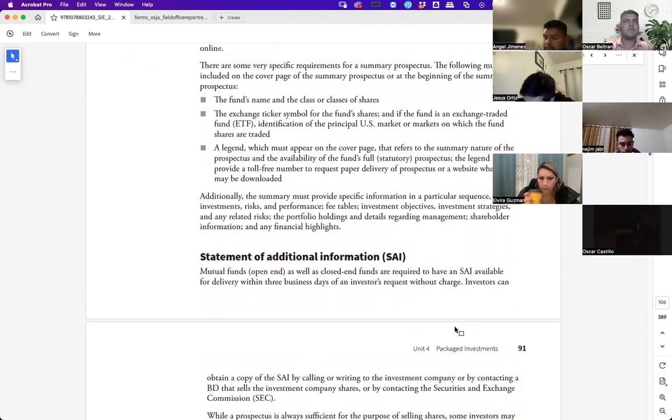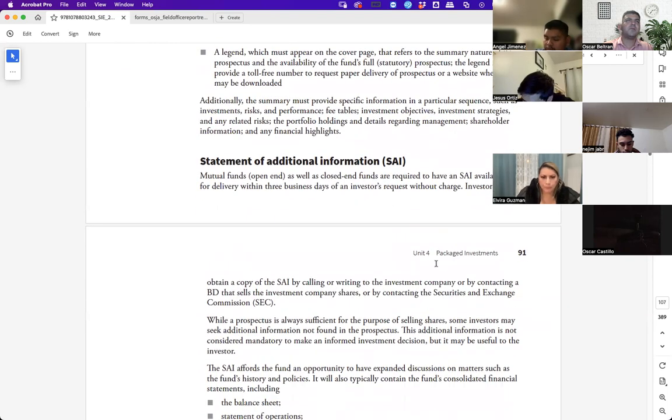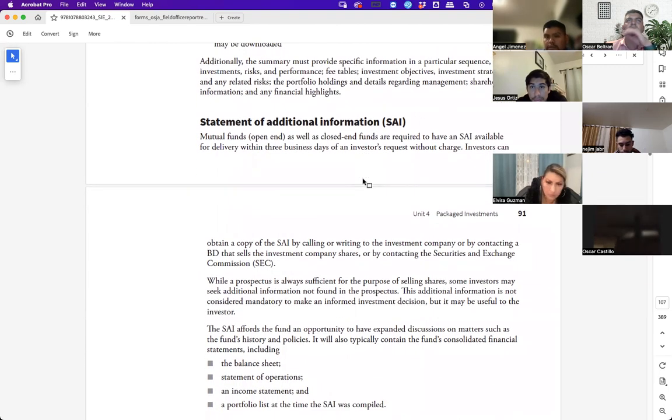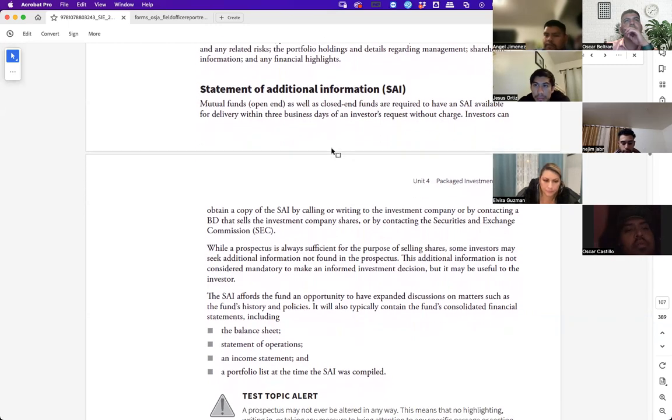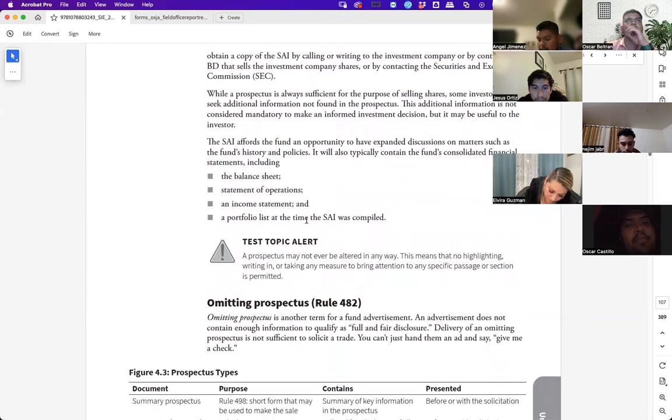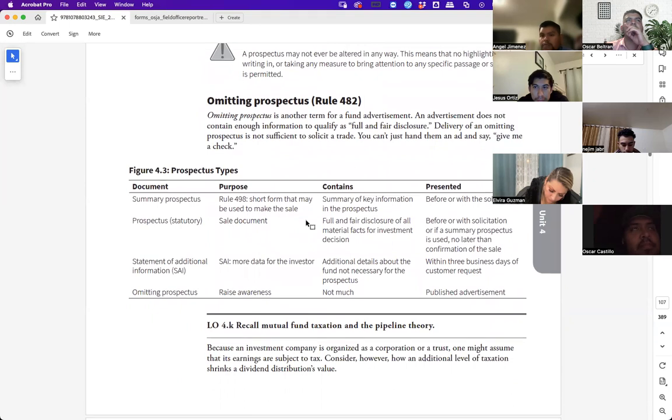Now, if the customer asks for a statement of additional information, which is very rare, I haven't had a client ask for it yet, it has a bit more detail, and you have to deliver it within 3 business days. Is Saturday and Sunday considered a business day? No, sir. Nope. All right, perfect.